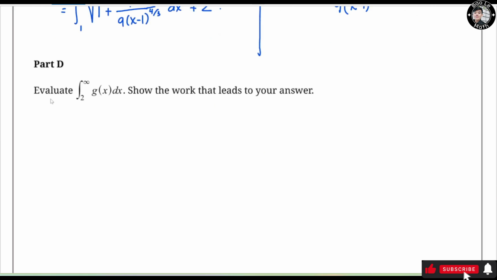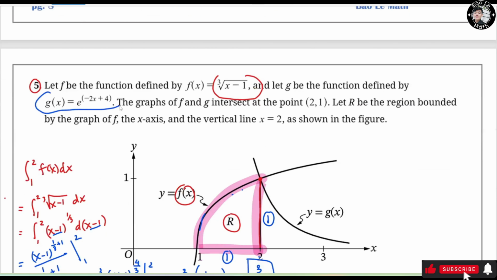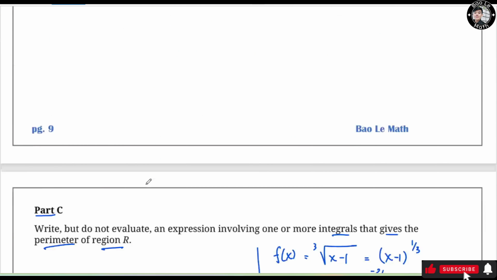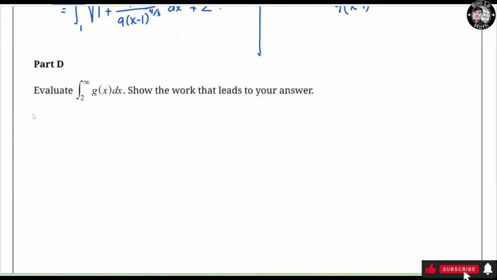Now question D. Evaluate the integral from 2 to infinity of g of x dx, where g of x equals e to the negative 2x plus 4. So we have the integral from 2 to infinity of e to the negative 2x plus 4 dx, right? It's going to be the limit as a approaches infinity of the integral from 2 to a of e to the negative 2x plus 4 dx.